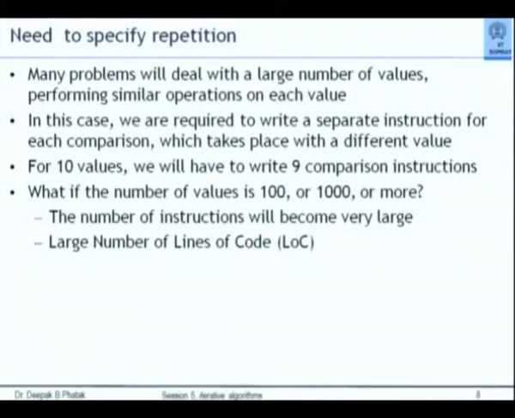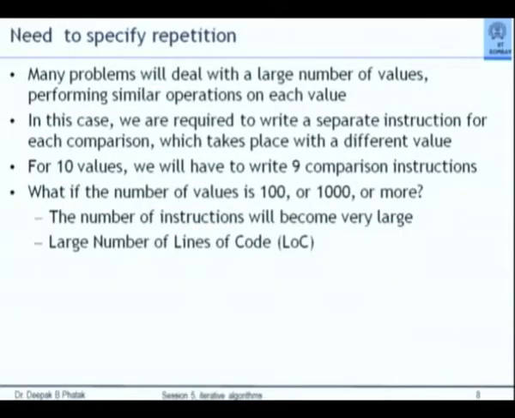the number of instructions that you write in a program is a measure not only of the length of the program that you write, but generally of the complexity of the program. Larger the program, it is expected that it is solving a relatively more complex problem. The measure used in professional programming parlance is called LOC, not line of control, but lines of code.